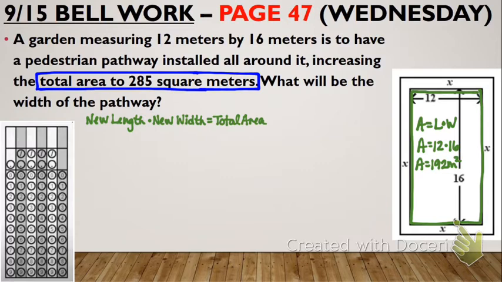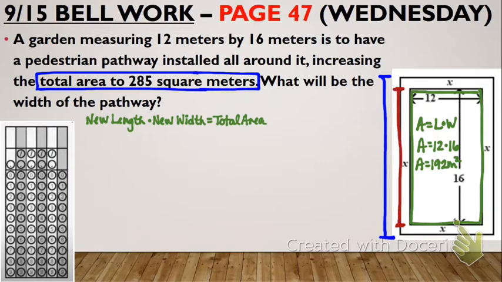Let's do the length first. So that would be this side over here. I don't care which side you call the length and the width. It doesn't matter to me. This whole side right here, we need to figure out how big it is. Well, I know, oh, I put my mark in the wrong spot. I know how big it is from here to here, because that's the same as the garden.